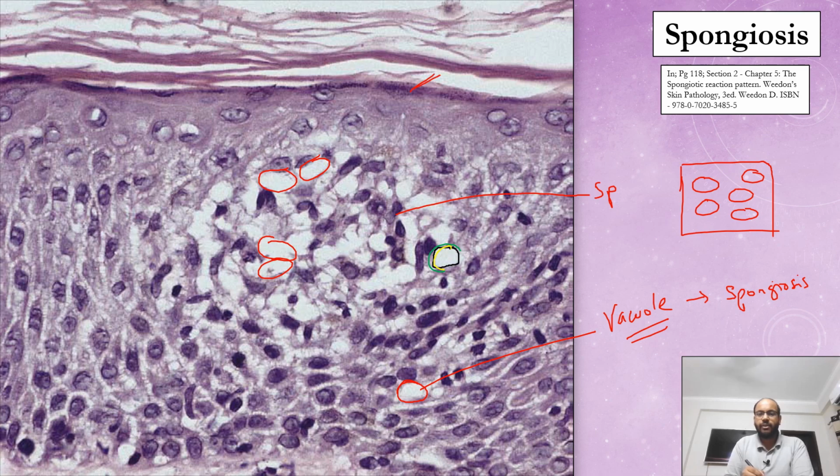This is the granular layer. So the stratum spinosum has a lot of empty space. For example, look at this area of the slide. This area is normal, but here you have a spongiotic focus, and again, you have the normal area. Can you now appreciate the spongiosis? I'll get rid of these markings so that you can actually see the spongiotic foci.